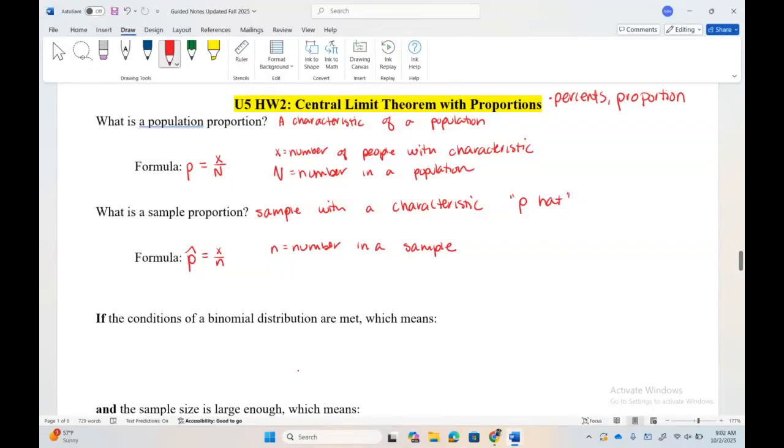Okay, so if the conditions of a binomial distribution are met, here are your conditions. We have two outcomes. We have P, which is success, which in our case means they have the population characteristic or proportion.